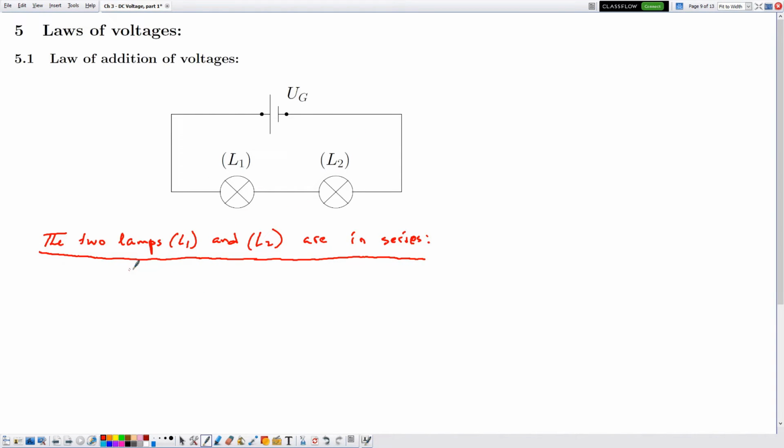Now we are mentioning that the two lamps L1 and L2 are in series because this law only applies whenever the lamps L1 and L2 are in series.